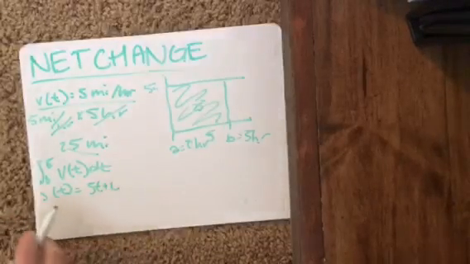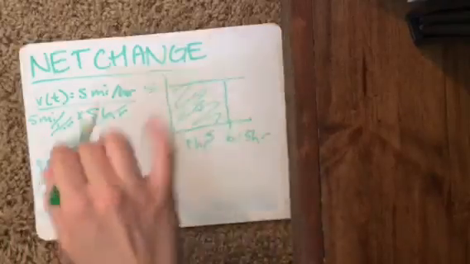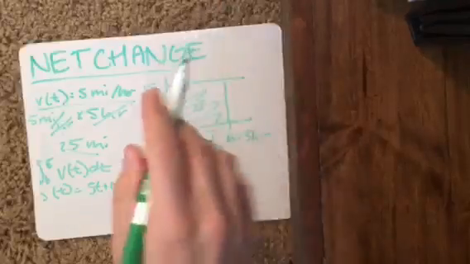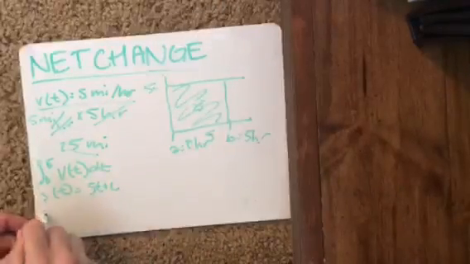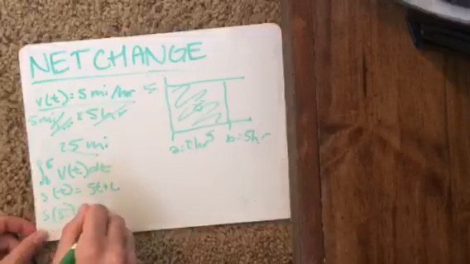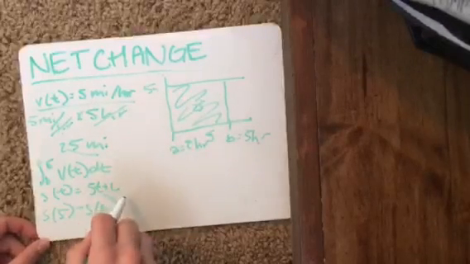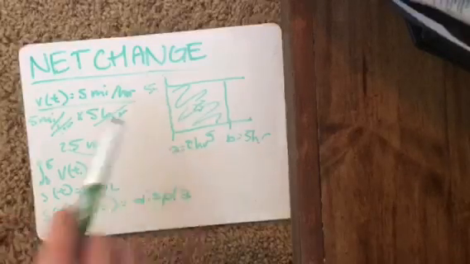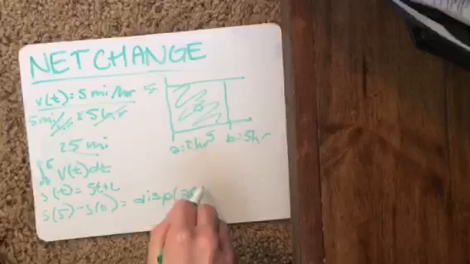So if we look at this, we want to see how much it was displaced during 0 to 5. And we look at s of 5 minus s of 0. When you do that, you're going to get the displacement, because you're going to figure out where it ended, where it started, and the distance it traveled between them.